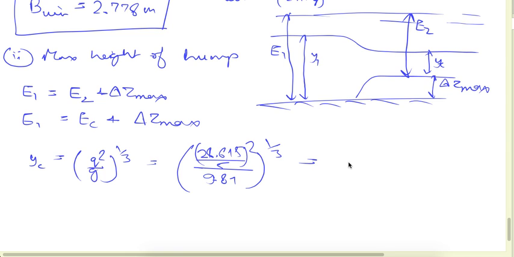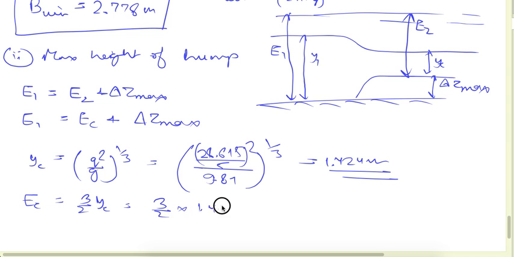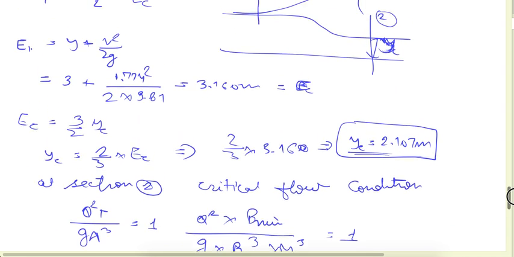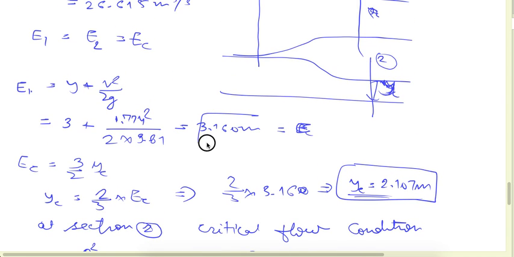This comes out to 1.424 meters. And so the EC is equal to 3 by 2 YC, 3 by 2 into 1.424, which is equal to 2.136 meter. For E1 we calculated earlier, this was 3.160 meter.